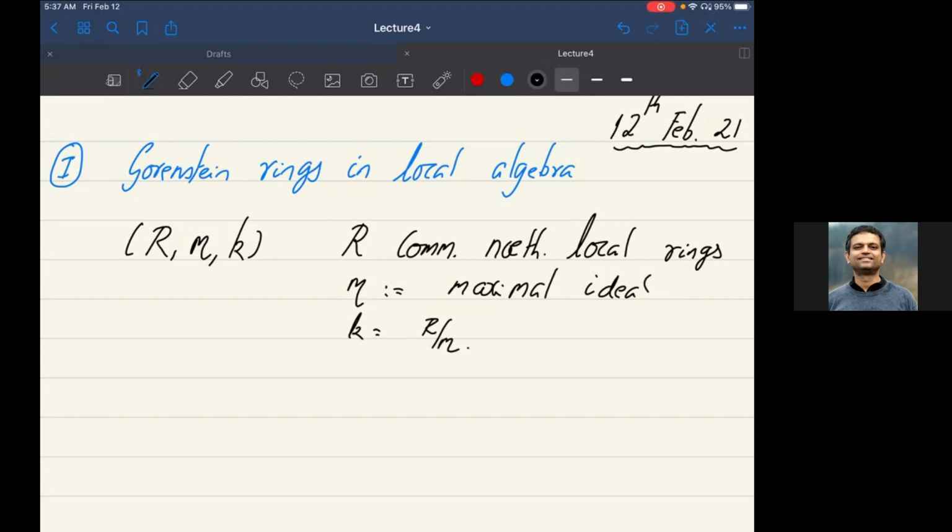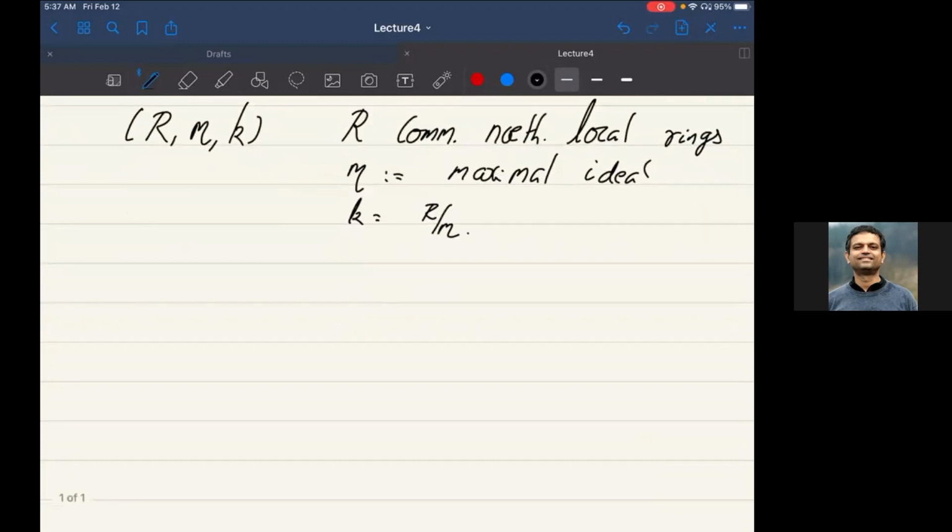I already mentioned the definition of a Gorenstein ring last time. So we say the ring R is Gorenstein if, well, let me give you the commutative algebra definition, so to speak.